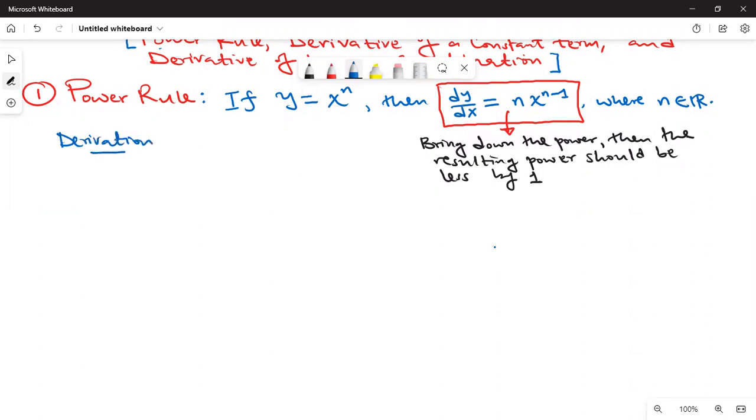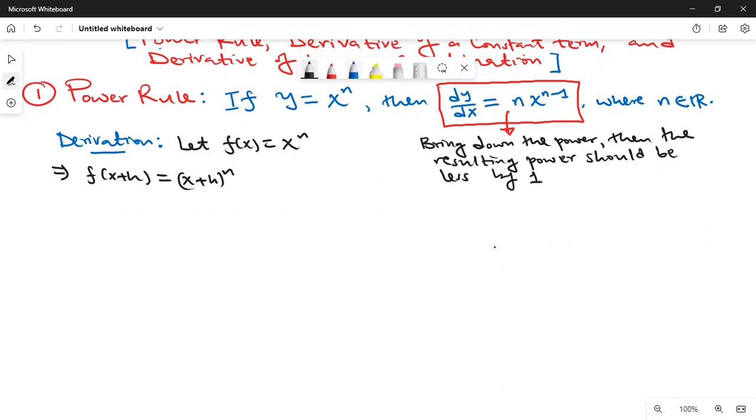We want to derive that formula, or prove the formula. So what you're going to do is to say let f of x be equal to x raised to n. This means that our f of x plus h will be equal to x plus h raised to n.